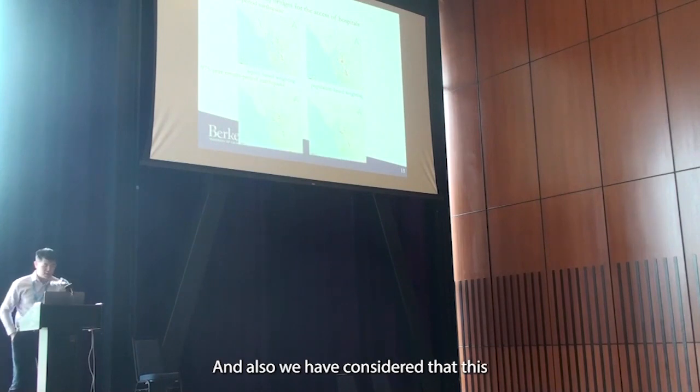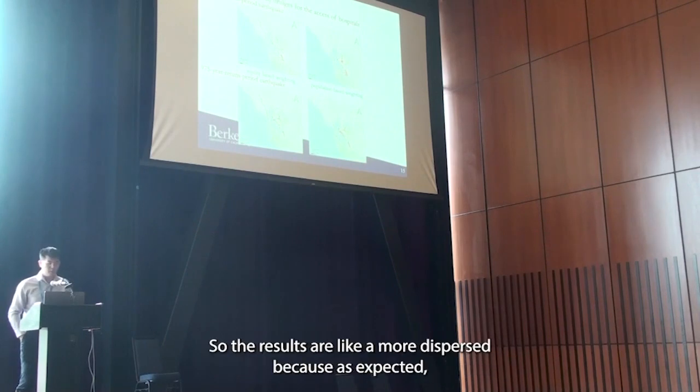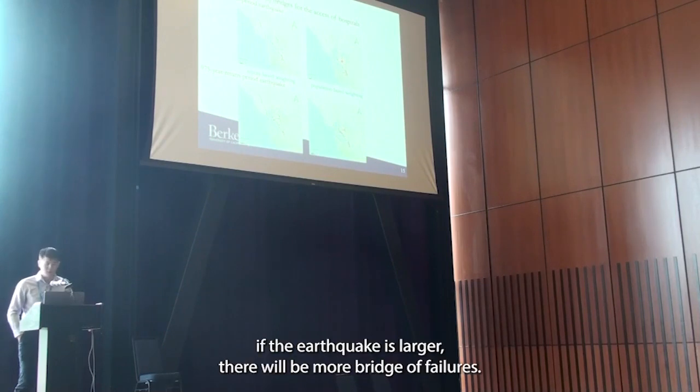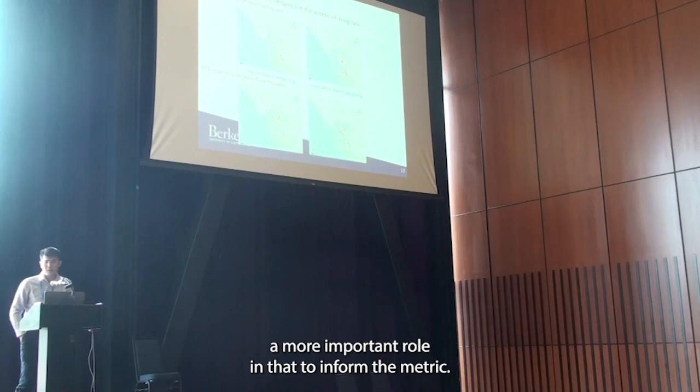And also we have considered the 975-year return period earthquake. The results are more dispersed because, as expected, if the earthquake is larger, there will be more bridge failures, so failure probability might play a more important role in that risk-informed metric.